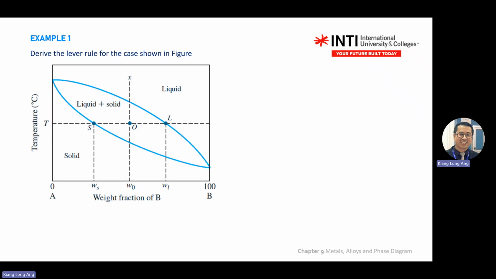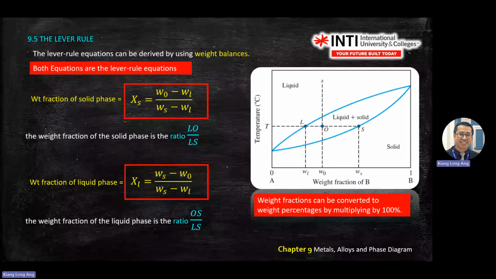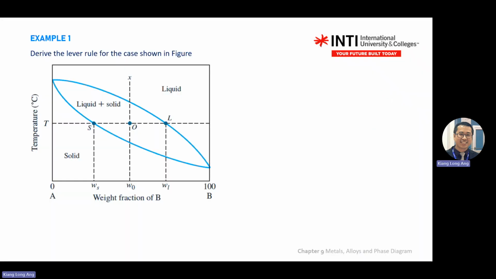So again, you see the shape of the graph has changed already. Just now it's like this, this, but the method is still the same. You draw the target weight, you label it as X, the target percentage.